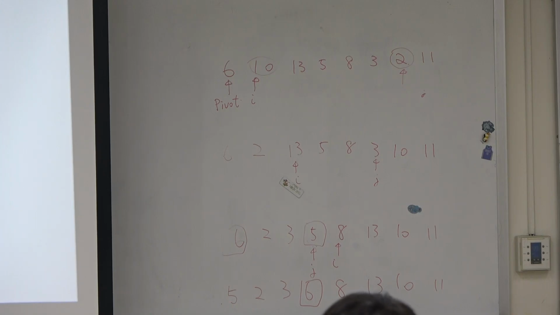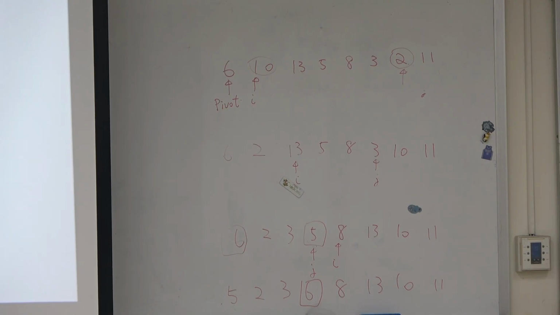Well, now we finish the introduction of quicksort. So let's have some words about the complexity of this quicksort. To make the analysis simple, let's assume all the elements that we want to sort are distinct.